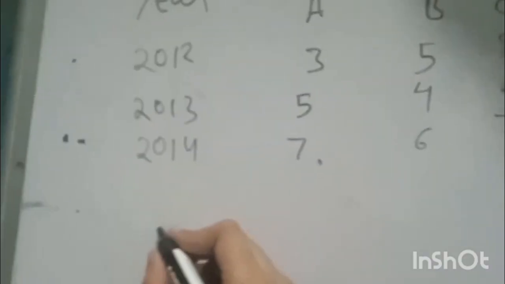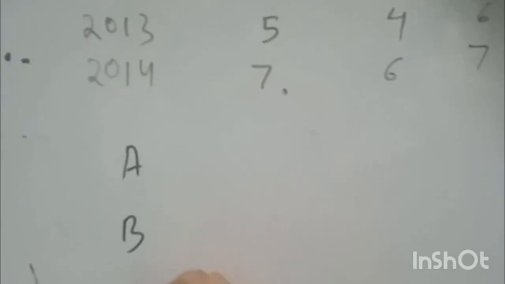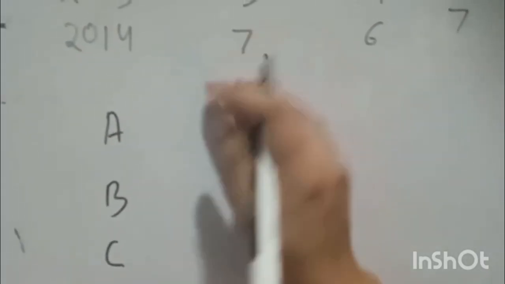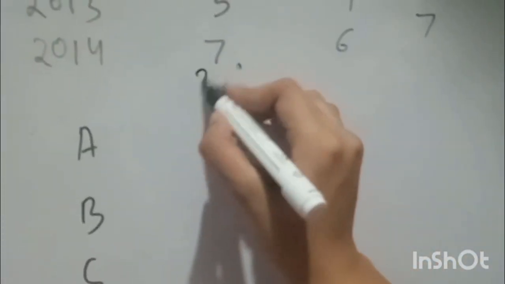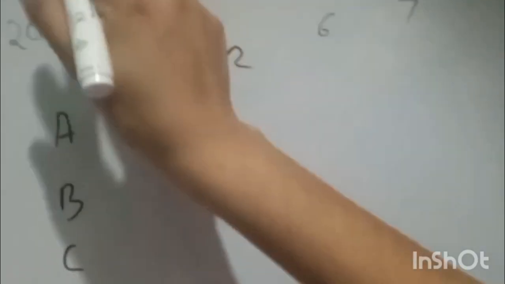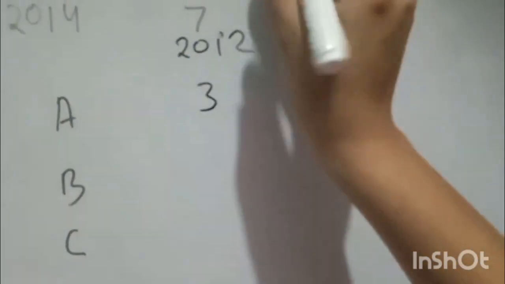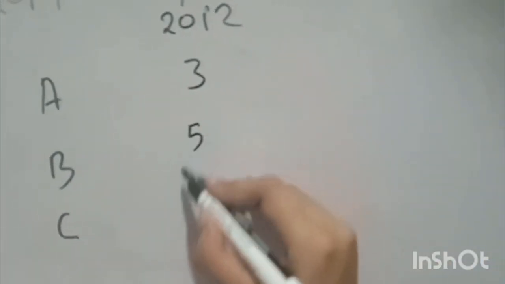Now we generally take commodity here. The base year here is 2012, so write 2012 here and write 3, 5 and 8. 2013, leave space here because we have to find the price relatives also.